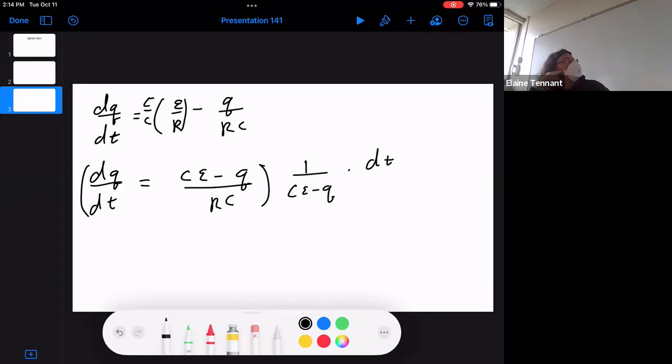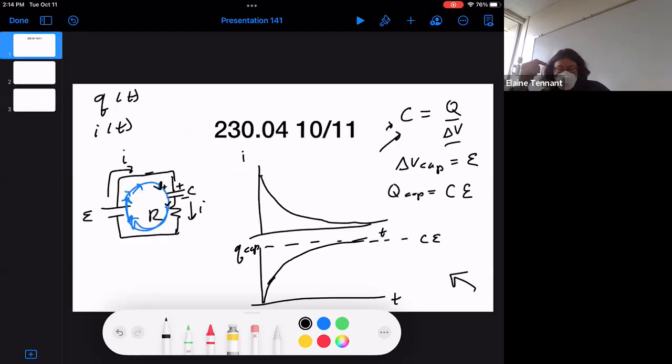I also know that I wanted an R, the resistance, times the capacitance, because I know that's going to come up in a little bit. So I'm just going to combine it right there. And I'm also looking at that capacitance times the battery voltage, and I'm saying, well, I know the asymptote that I'm approaching is that battery voltage times the capacitance.